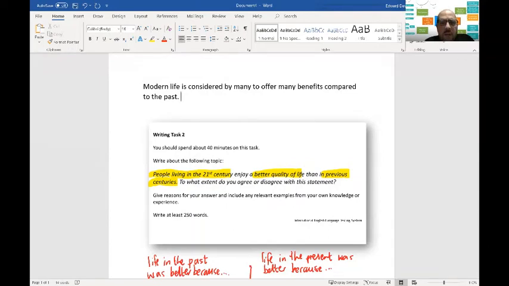That's fine, actually. I've mentioned modern life, people living in the 21st century, better quality of life, previous centuries.